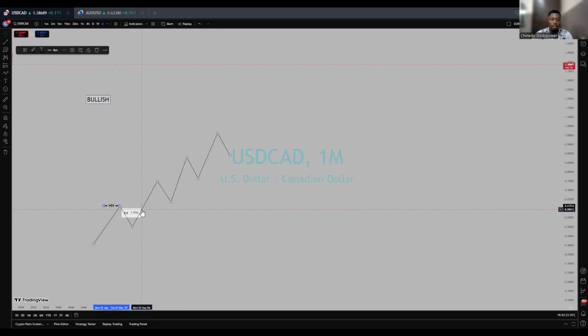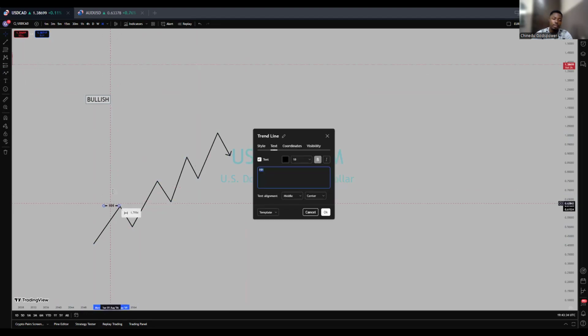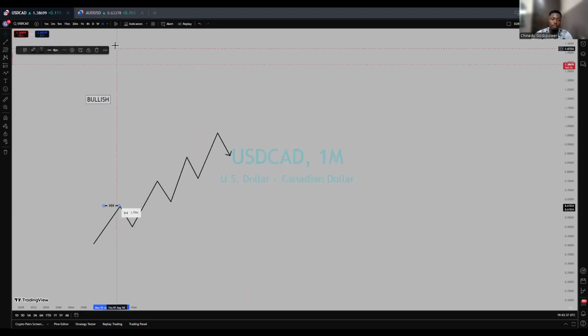Let's thicken this a bit. So now this is what price is doing. Price is creating a series of higher highs. I'm going to clone this.